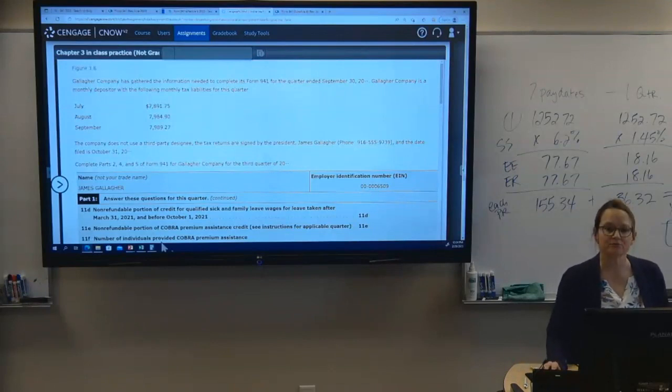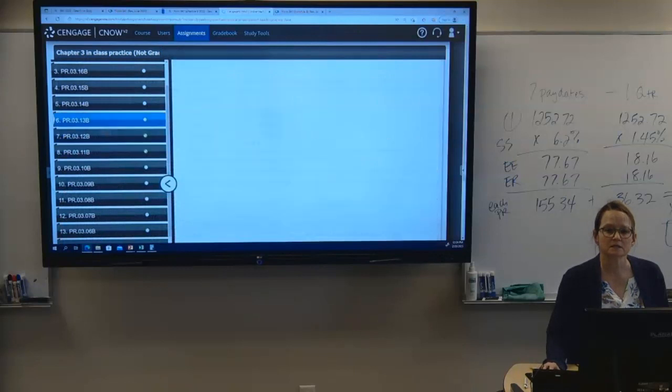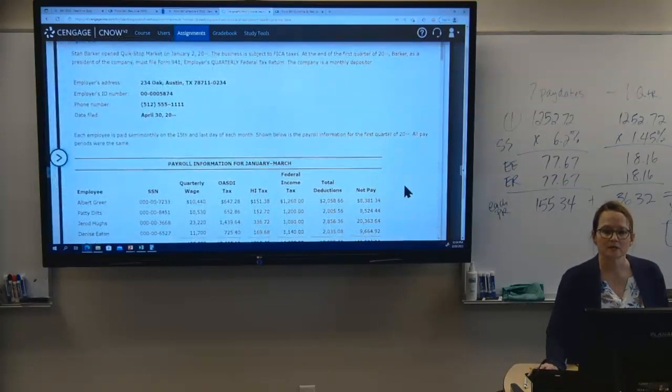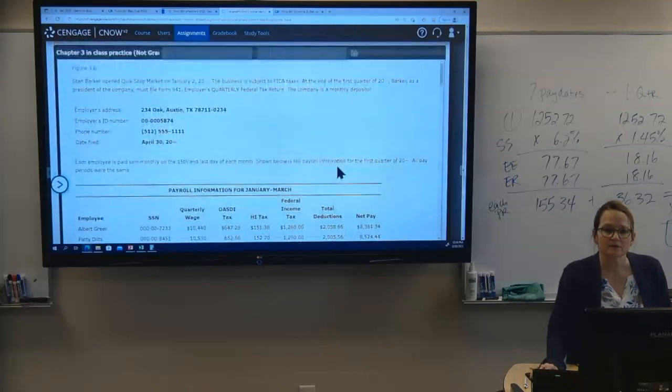Okay, so let's look at 313. All right. So Stan Barker opened Quick Stop Market on January 2nd. Business is subject to FICA taxes. At the end of the first quarter, Barker must file Form 941. Company is a monthly depositor.